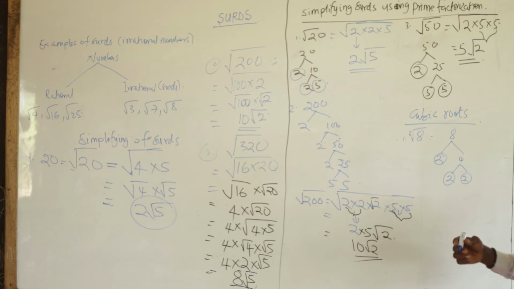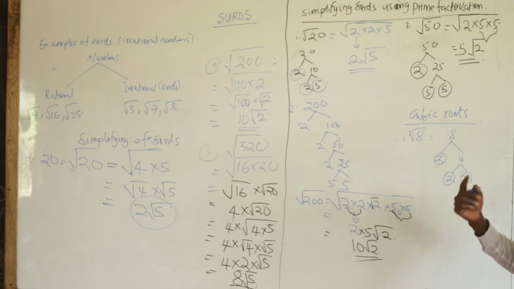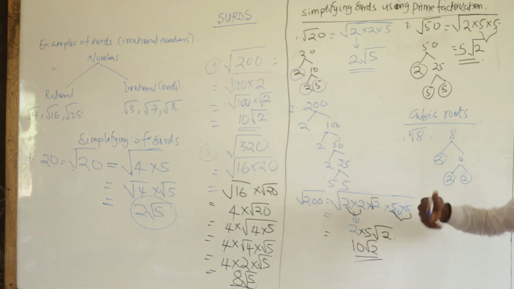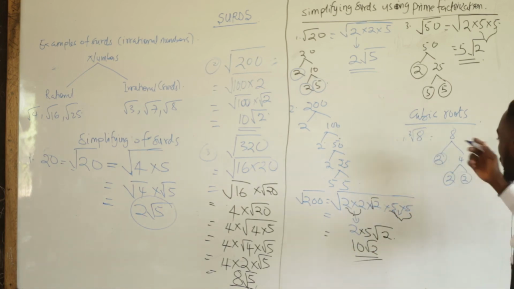But unlike square roots, where you are seeing numbers that are multiplying themselves twice, for cubic roots you are looking at an integer multiplying itself 3 times. So what's the cubic root of 8?